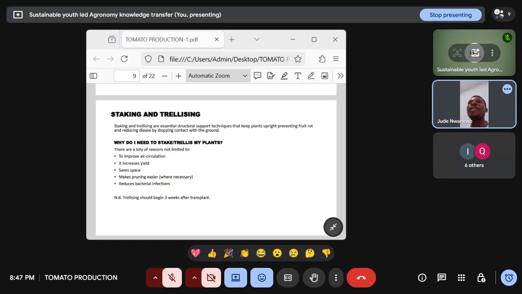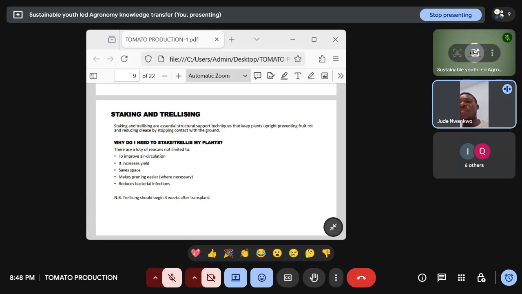These things have a way of impacting your plant. It also saves space. And it makes pruning easier where necessary. When you stake, it helps you see what part of the plant to cut, trim or prune away. Then it reduces bacterial infections, because the plants don't have contact with the ground and are not just scattered anyhow.